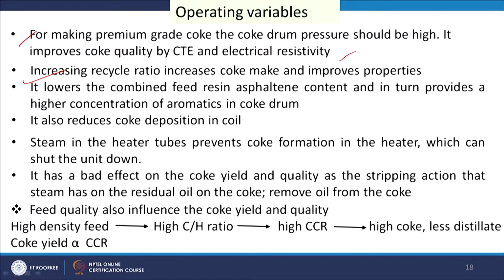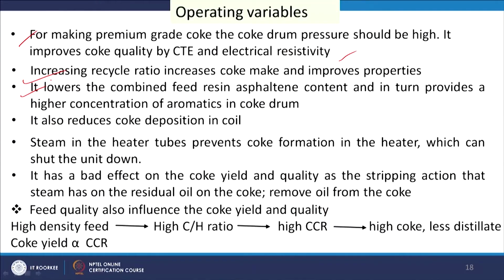And increasing the recycle ratio increases coke make and improves properties, because it lowers the asphaltene in the feed. The more fresh feed we use, the more the asphaltene concentration is reduced. That is why the quality of the product improves. It also reduces coke deposition in the coil.